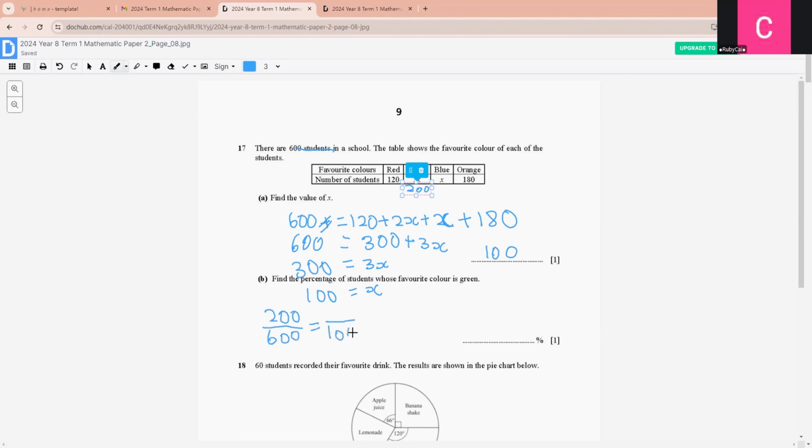We know that 600 is the 100%, and what we're looking for is the percentage who like green. So solving this, we can find that 3x equals to 100, because we can simplify this into 1/3.